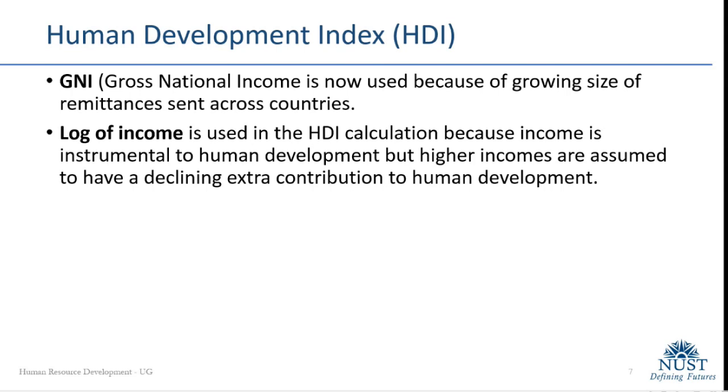So there is some kind of non-linearity, and log of the income is used primarily because of this. It helps in accounting for the non-linearity. Other indicators are not used in logs, only the income part.